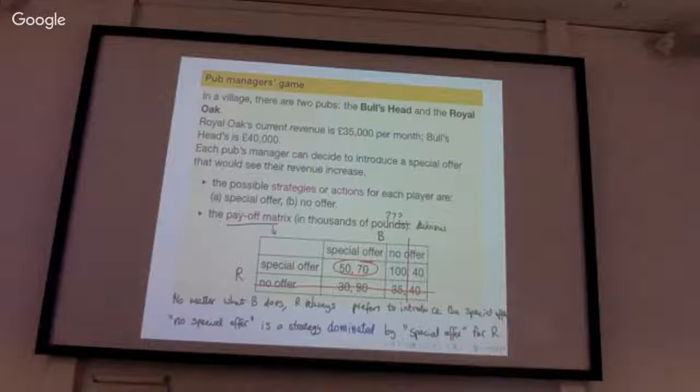Any questions? Yes. Does that then mean that no matter what the game, the team needs to find the dominant strategy and then apply it? Well, sometimes, so yes, what is the aim when you're analysing a game? But it's not always possible.